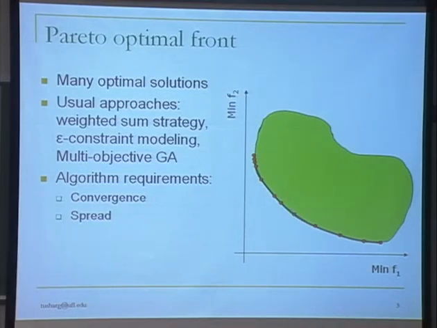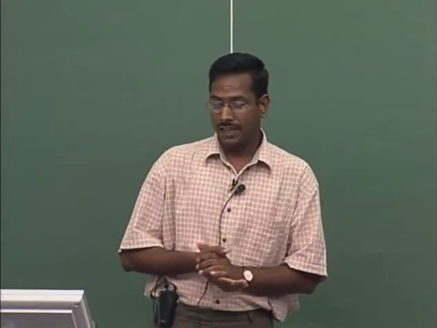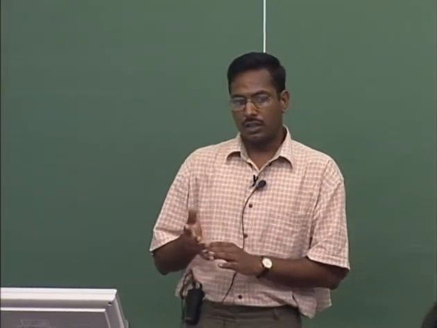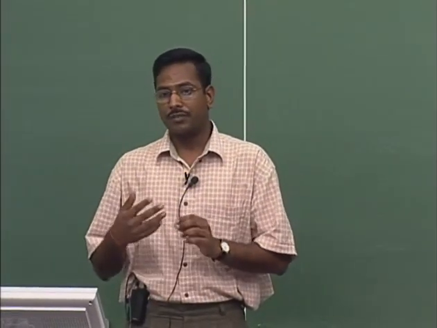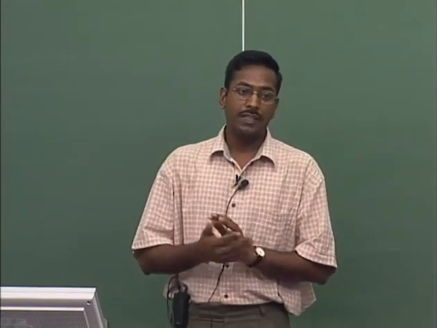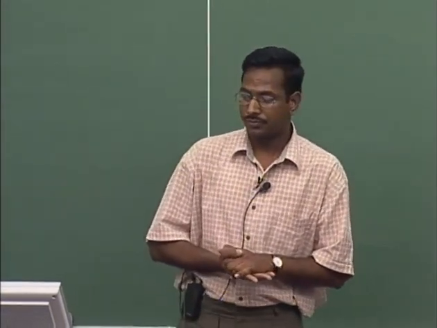For a multi-objective optimization problem, we have all these trade-off solutions. They are known as Pareto optimal solutions, and their function space representation is the Pareto optimal front. For a two-dimensional problem, when we have two functions, the Pareto optimal front is a curve. When we go to higher dimensions, we get hypersurfaces.